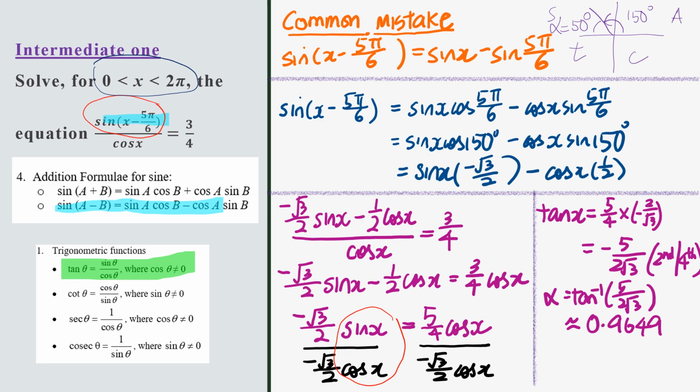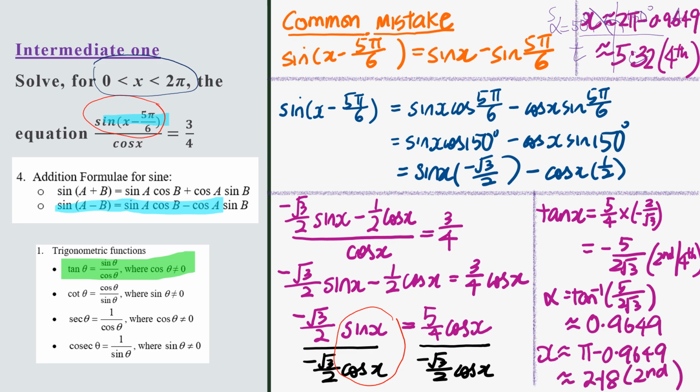The answer will come from the second quadrant, which is pi minus alpha, and for the fourth quadrant, it will be 2 pi minus alpha. So this is how you solve this intermediate question.